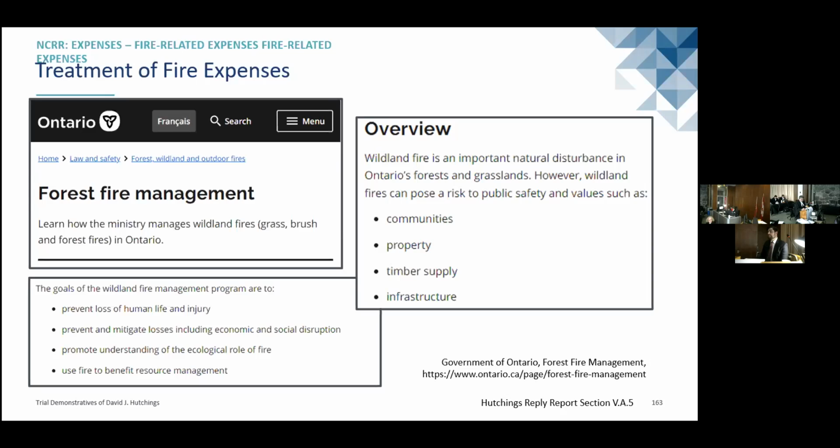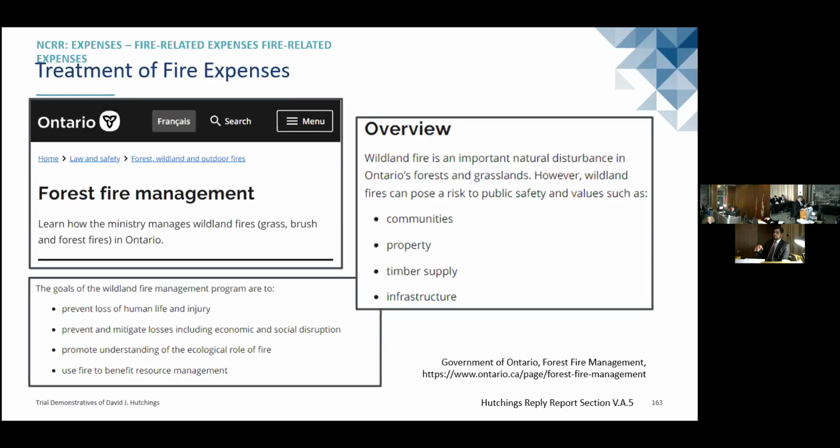However, it can pose a risk to public safety and values such as community, property, timber supply, and infrastructure. They go on to say that the goals of the Wildland Fire Management Program are to prevent loss of human life and injury, prevent and mitigate losses, including economic and social disruption, promote understanding of the ecological role of fire, and to use fire to benefit resource management.